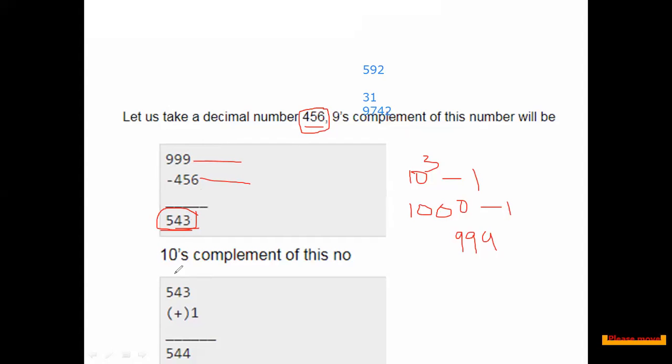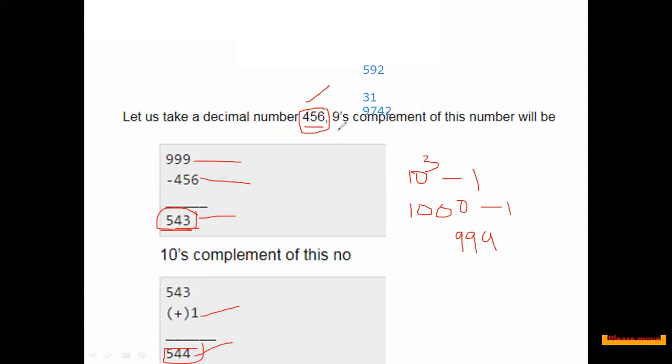Next, how to calculate the 10's complement here? After finding the 9's complement, if we add 1 to it, we get the required 10's complement. When we calculated the 9's complement we got 543. Adding 1, we get 544. So 544 is the 10's complement of the given number 456.